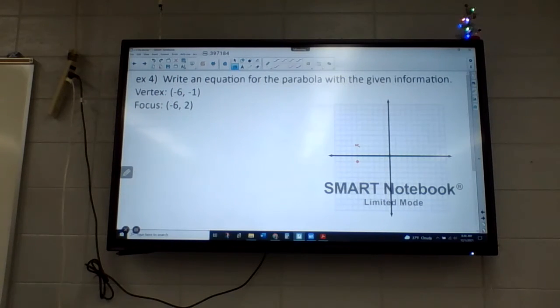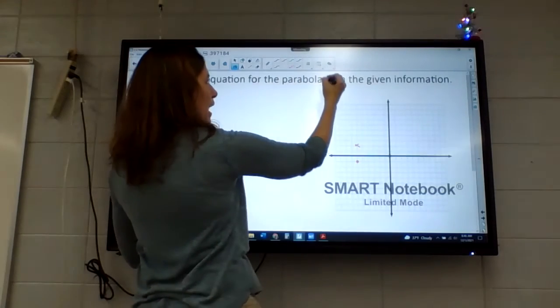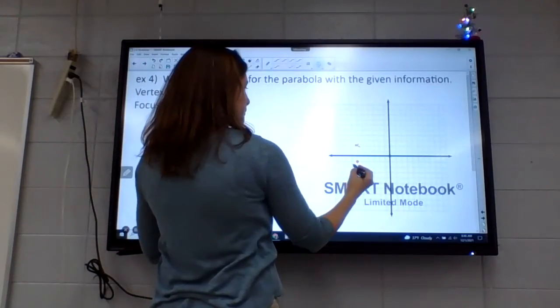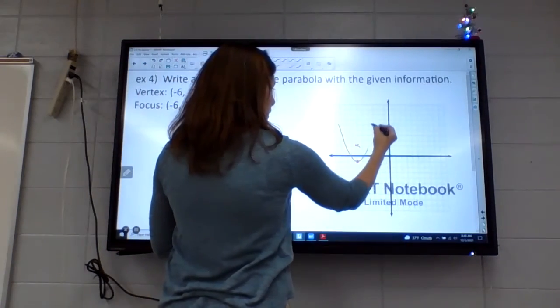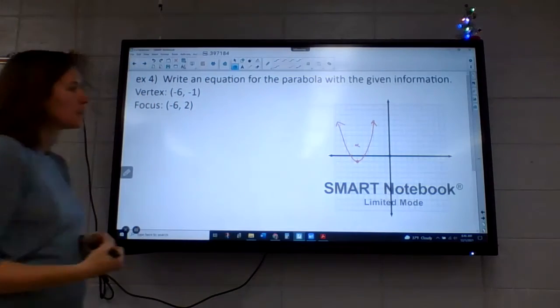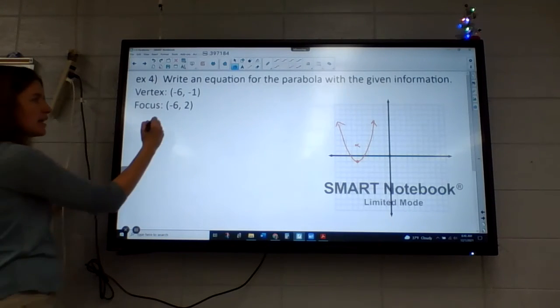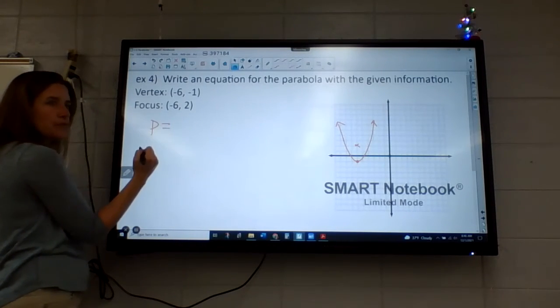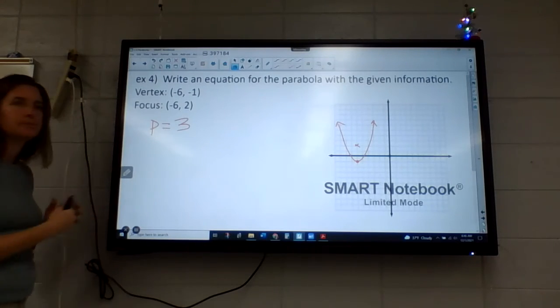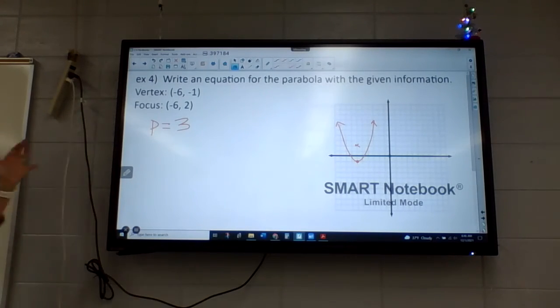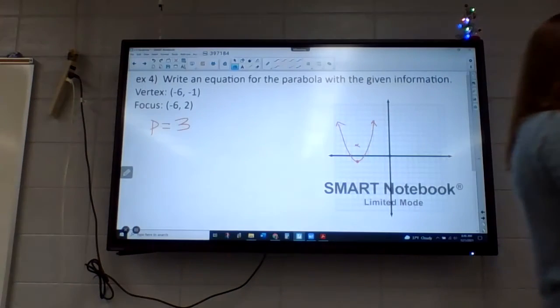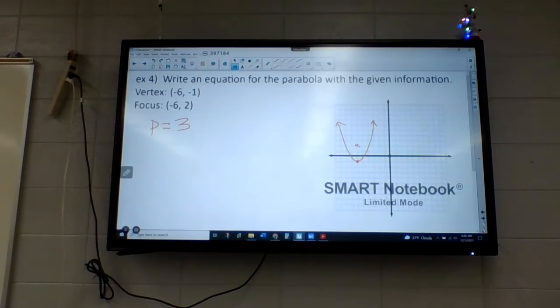Which way is this graph going to point? Up, because the parabola goes around the focus. So what does p end up being? 3 again. It's not always 3, but apparently it looks like it is. And it's going to be positive or negative? Positive, because it's pointing up. And again, we know it's pointing up because the focus is always inside that parabola.